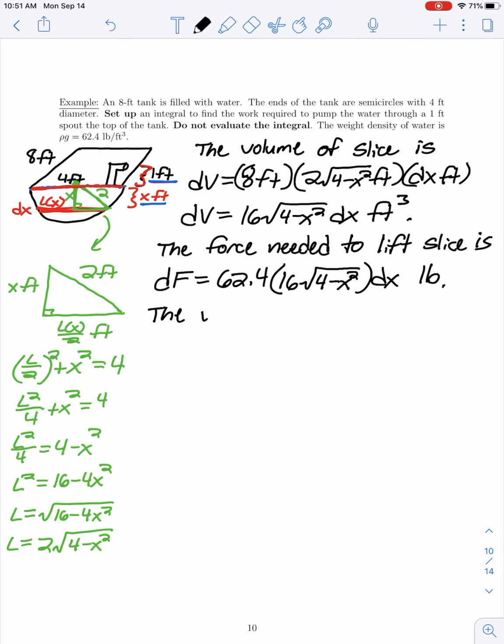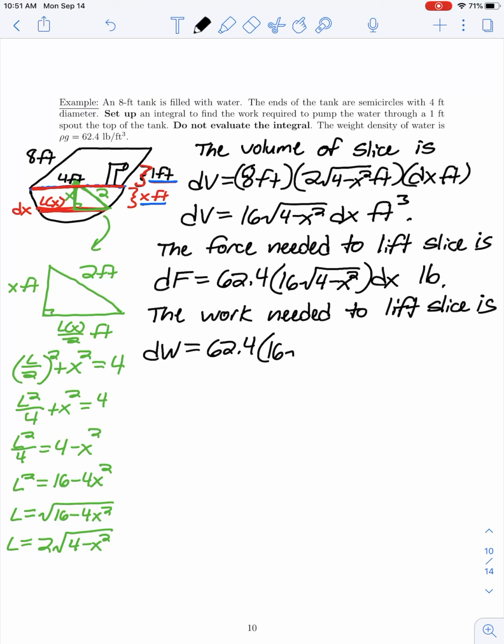So I can say the work needed to lift this slice is dW, which would be found by taking the force for this slice, which was 62.4 times 16 square root of 4 minus x squared dx, and then multiplying by the distance that our slab has to travel, which would be x plus 1 feet.